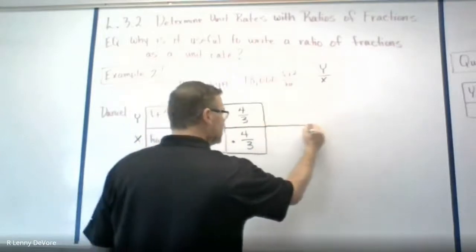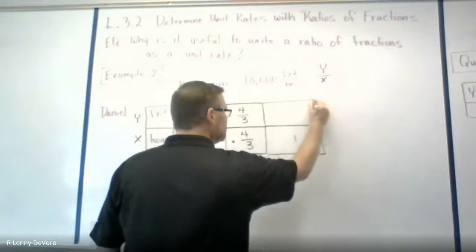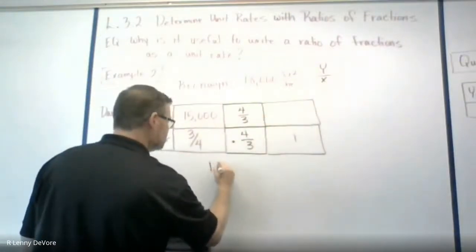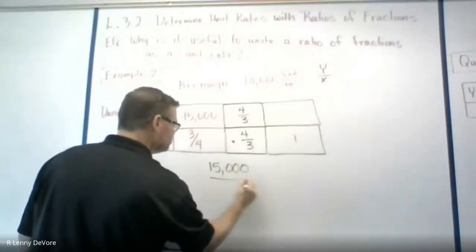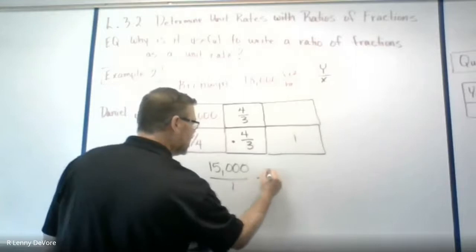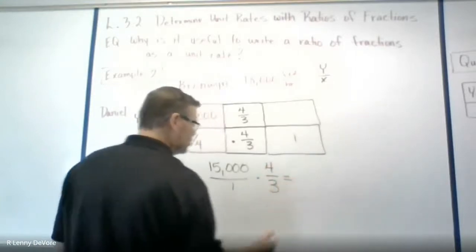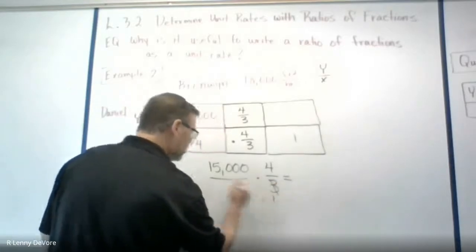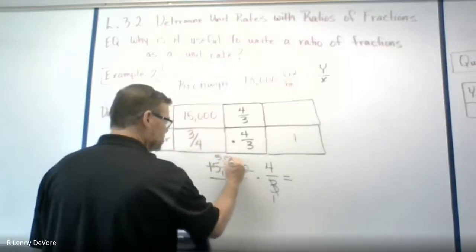Now we know already this is 1. What we need to find is this. So what I do is I can put this into fraction form, right? And if it'll let me, I'm going to cross cancel and solve this fairly quickly. And yes, it does. 3 divided by 3 is 1. 15,000 divided by 3 is 5,000.